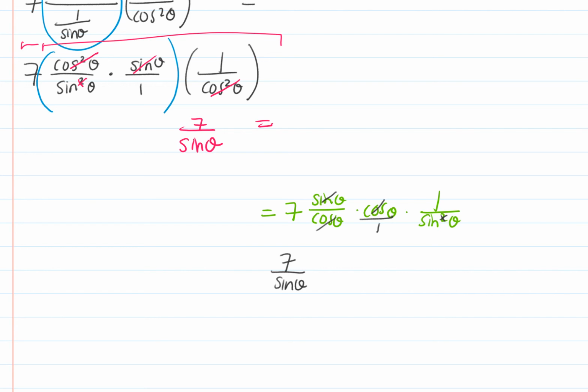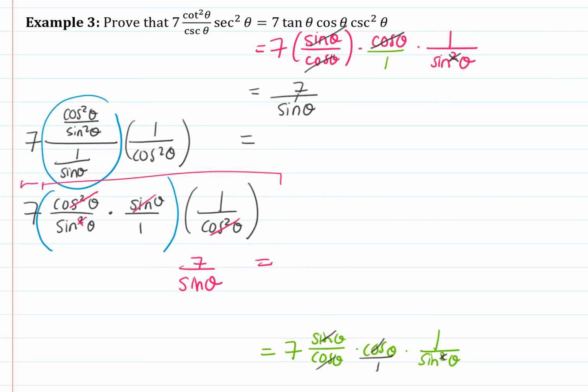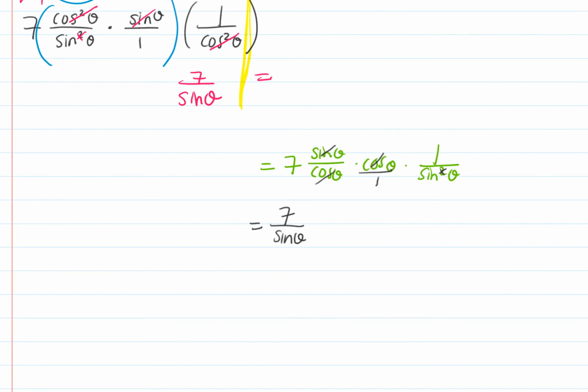And now I'm actually going to work backwards with the stuff I found over here. I have 7 sine of theta and I'm going to go backwards because this would not have been intuitive to me at all. I never would have thought, oh, well, you can rewrite 7 sine of theta as 7 times the cosine squared theta over the sine squared theta times sine of theta over 1 times 1 over cosine squared theta.